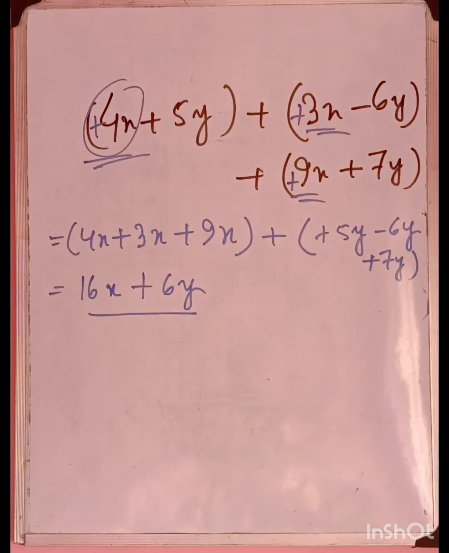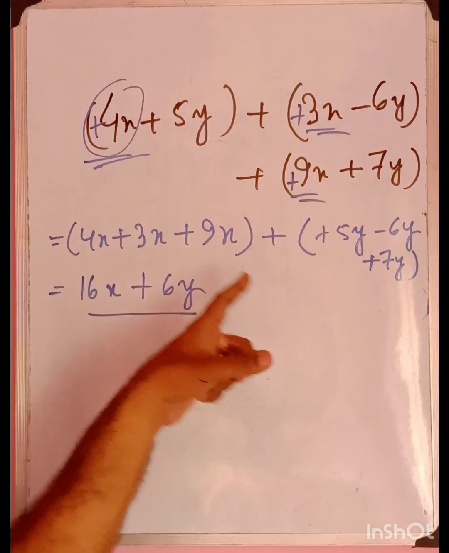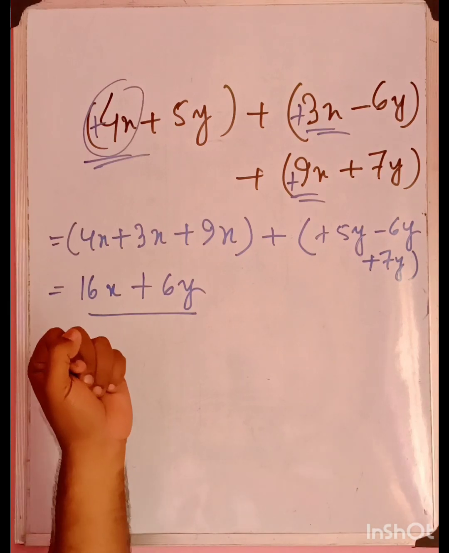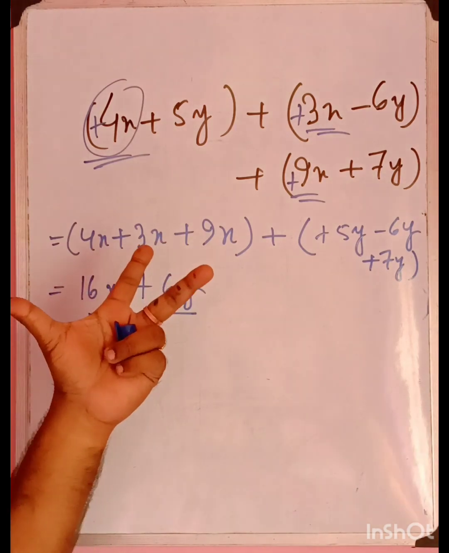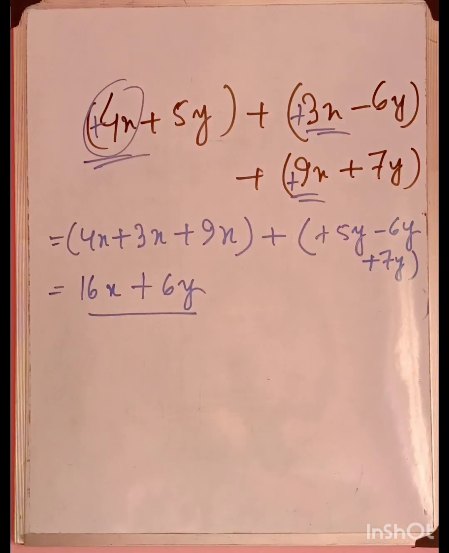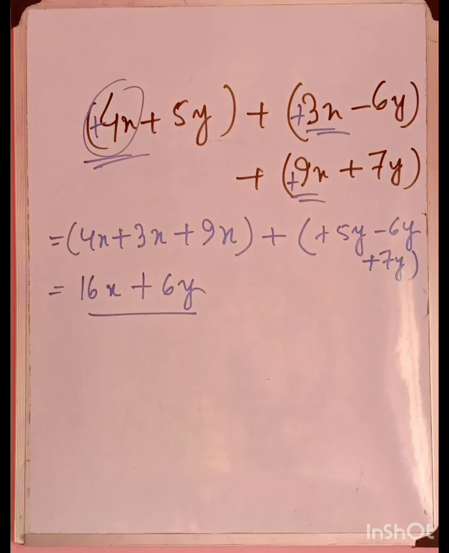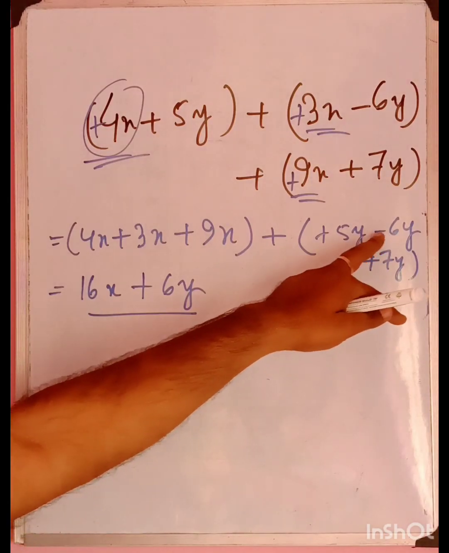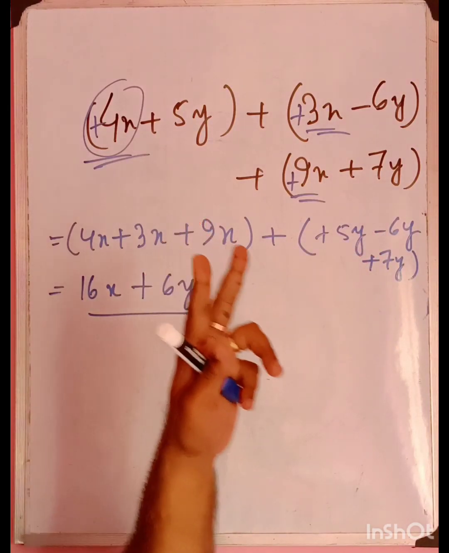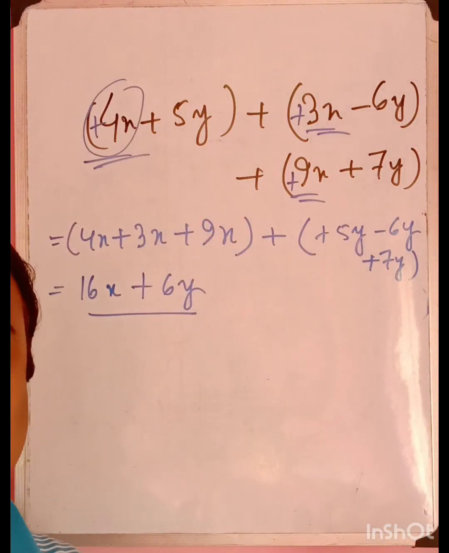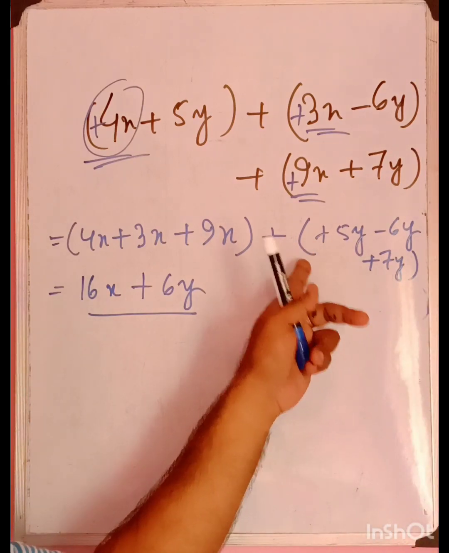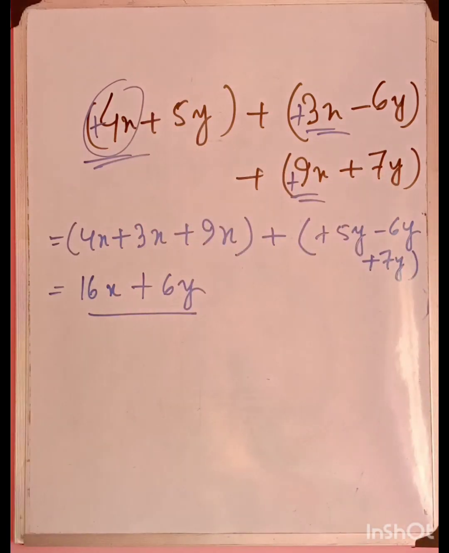This is a very simple problem. You know how to solve it. And this is the total of addition or subtraction. But one thing you must keep in mind is the signs. These signs are very harmful or very useful in case of opening these brackets, unfolding the brackets.